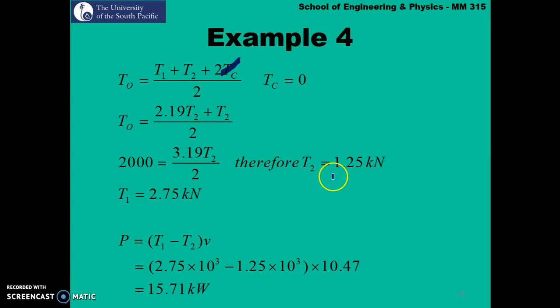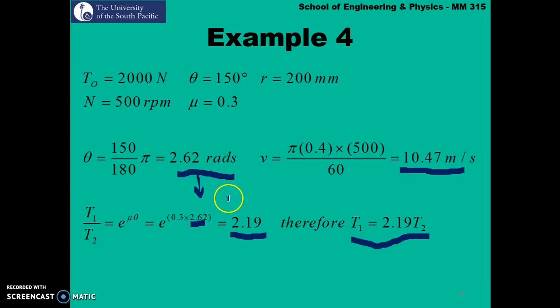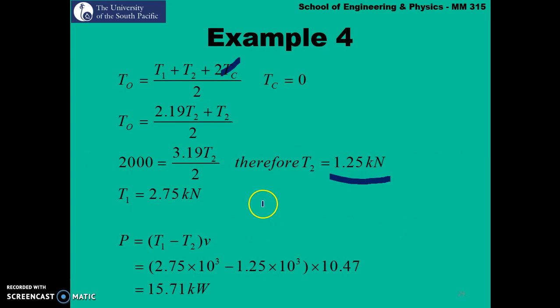There's only one unknown here, so T2 is equal to 1.25 kilonewton. T1 is obtained using the relation T1 over T2 is equal to 2.19, so T1 is 2.75 kilonewton.